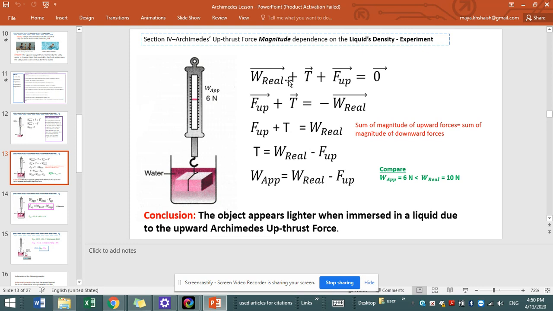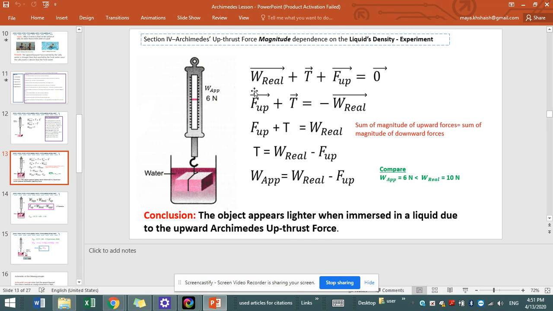Let's see why. What are the forces acting on the block in this case when being immersed in water? It is the weight, the tension, and the upward force, or buoyant force, exerted by the liquid on the object. Since it is at equilibrium, then the sum of the vector forces is equal to 0. They cancel each other, keeping the block at equilibrium.